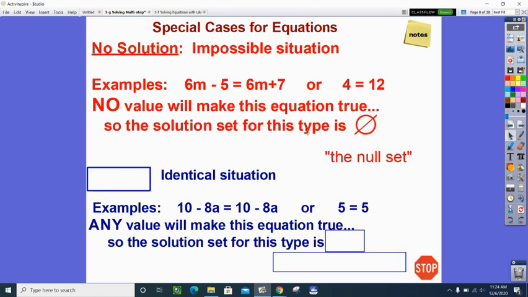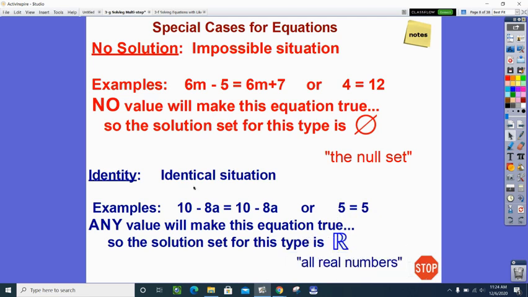The second weird one is called the identity. This is where you end up with an identical situation on either side. Could end up looking like that, or it looks like this. And that is called identity, or you can also put that funny R, and it's called all real numbers. So the word identity and that R and all real numbers, they're all synonyms.